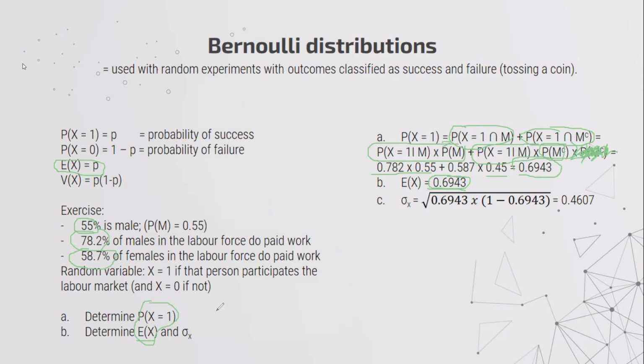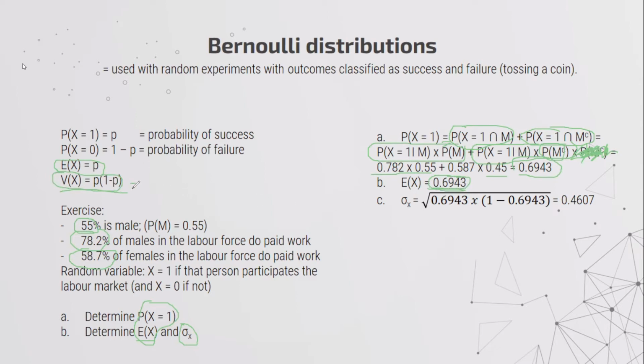What should we do to find the standard deviation here? We just have to compute the variance, because the standard deviation always follows from the variance. You cannot find it otherwise. To calculate the variance, we again need only P, and P in our case is 0.69.